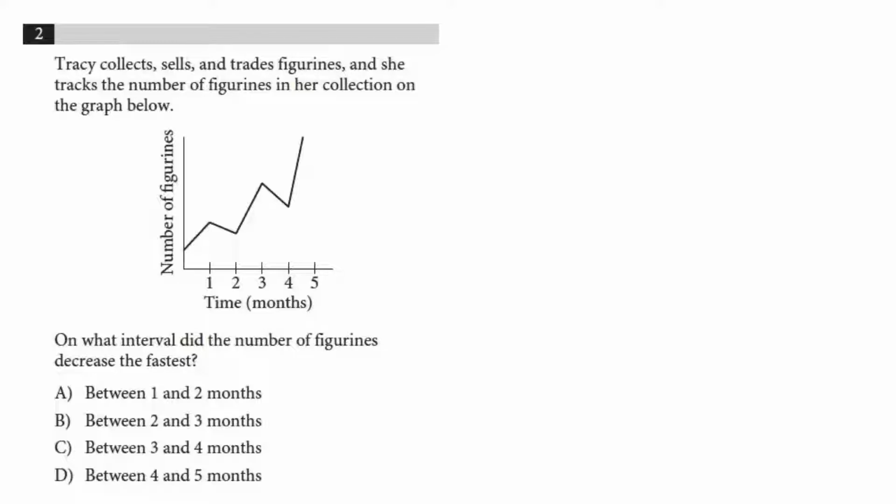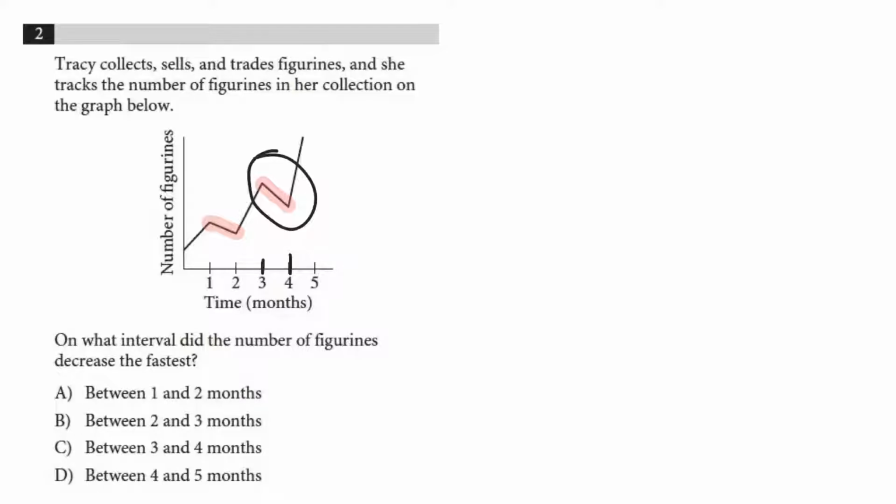Okay, if we're talking about decrease, then we're looking where the value of the function went down, and decreasing the fastest would be where the slope is the most negative, the steepest negative slope. Just eyeballing it, it looks like this portion is the steepest slope. That's from 3 to 4.